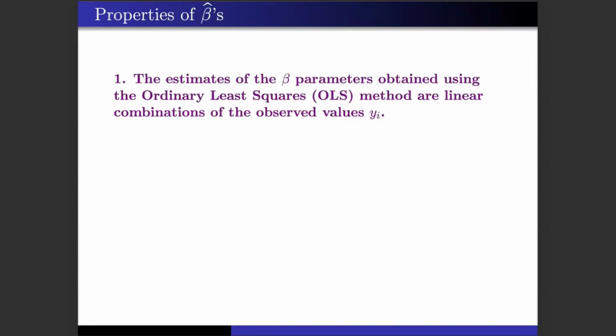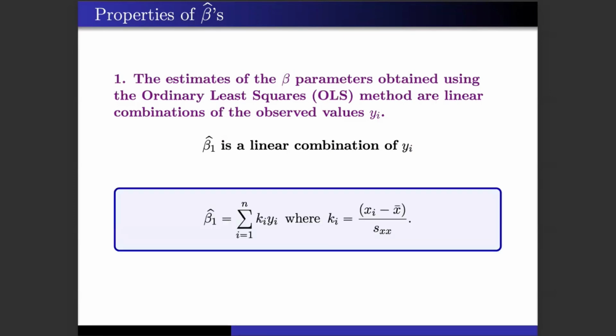In the last video, we saw that these estimators we have obtained using ordinary least square method are linear combinations of yi. In particular, beta 1 hat is a linear combination of yi written as summation i going from 1 to n of ki yi, where ki is equal to xi minus x bar divided by sxx.